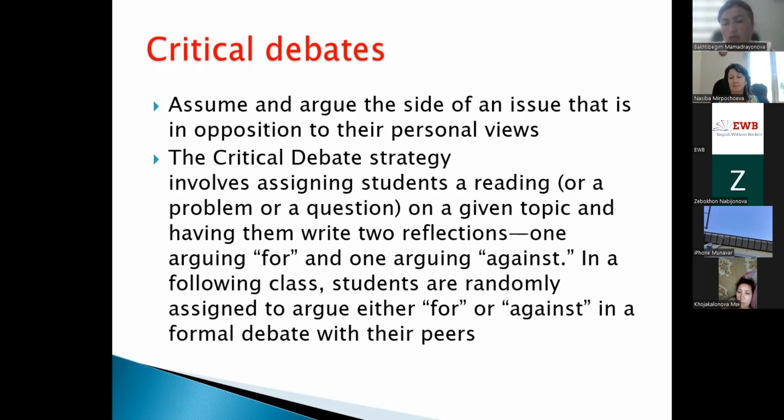They need to write first why they are for and why they are against. And during the discussion, first they express their for statements, and then they change, and they read their against statements. And this is also a very good discussion technique, that they debate with each other.